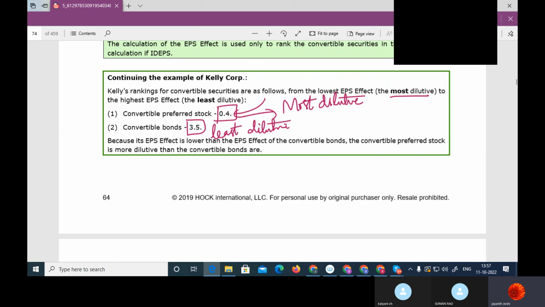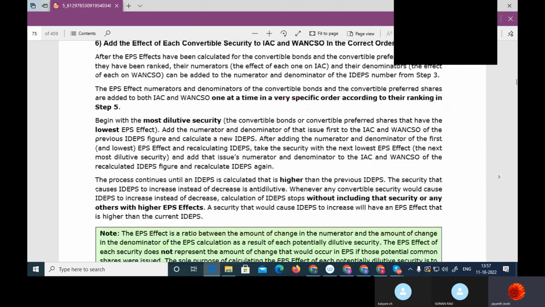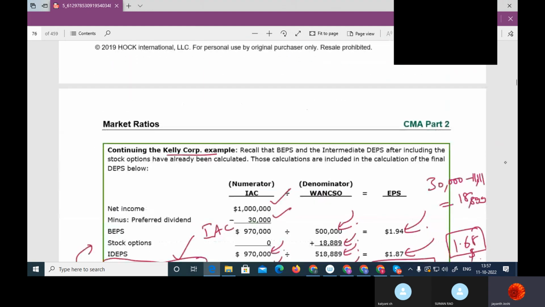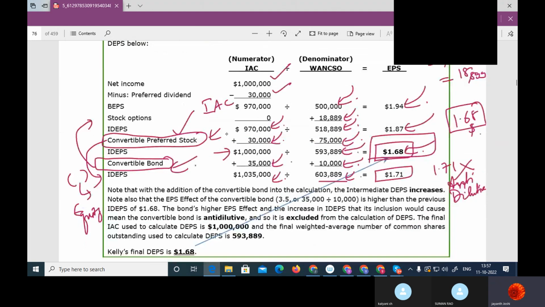So convertible preferred stock is more dilutive than the bond, so that would be taken first. The one which is smaller is more dilutive, and that should be taken first. This is most dilutive and this is least dilutive, so it is taken later. That is what I just wanted to explain.